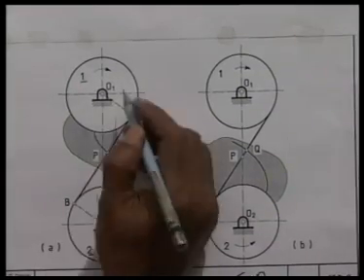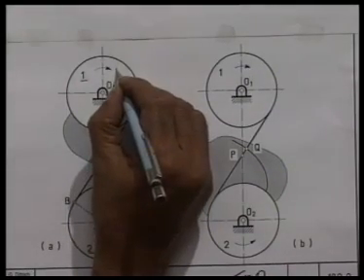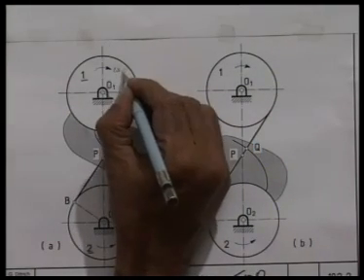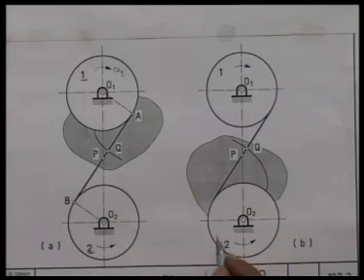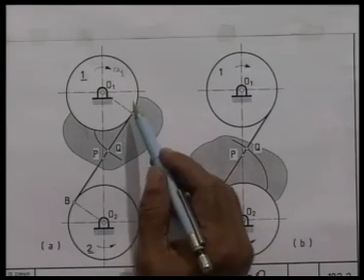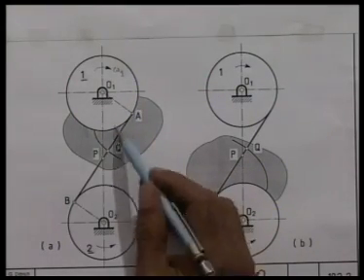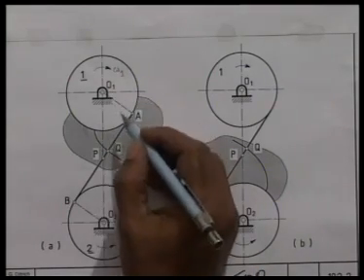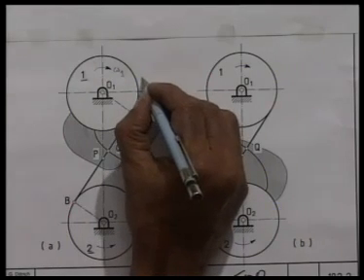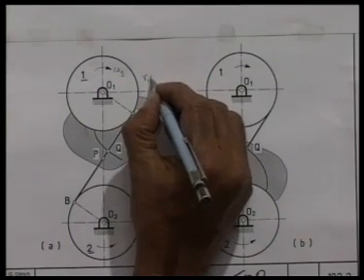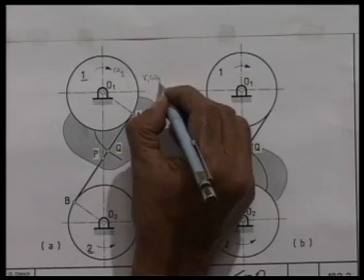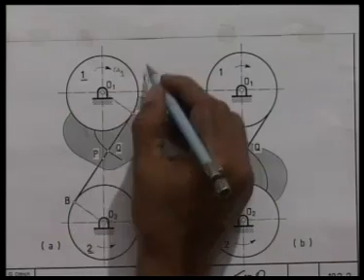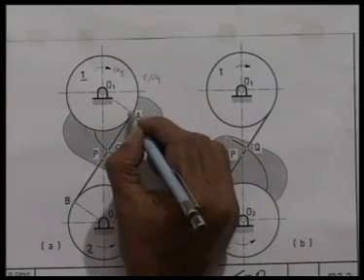Suppose pulley number 1 rotates in the clockwise direction with angular speed omega 1. If we assume there is no slip between the belt and this pair of pulleys, then the speed of any point of the belt is given by R1 omega 1 in this direction, where R1 is the radius of this pulley number 1.